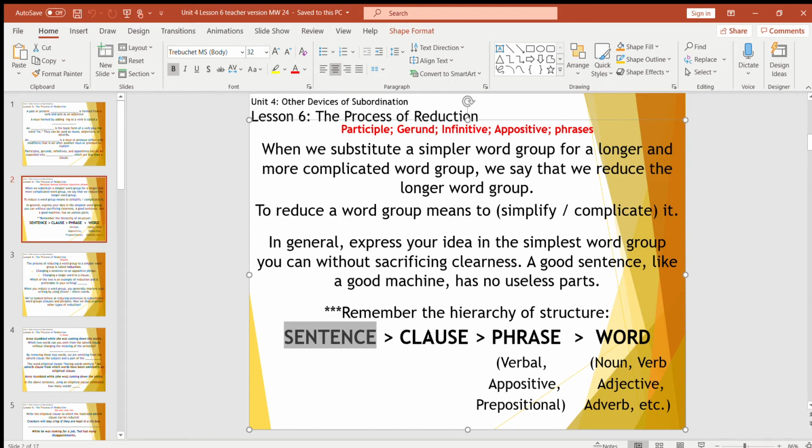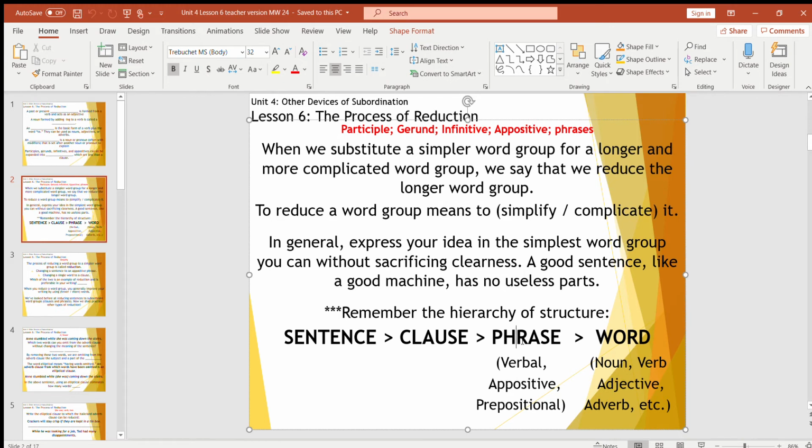Step down from that would be a clause, right? Adjective, noun, or adverb clauses. They don't make sense by themselves, which is why they're less than sentences, but they do have a subject, they do have a verb. A step down from that would be a phrase. Remember, a phrase can be a verbal phrase, appositive phrase, infinitive phrase, prepositional phrase.